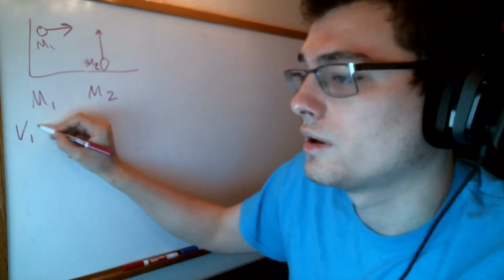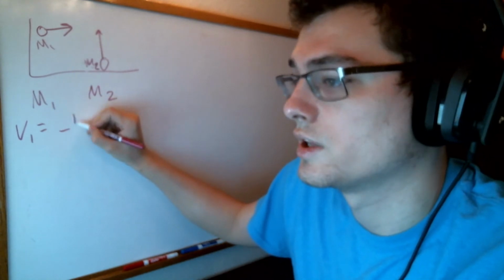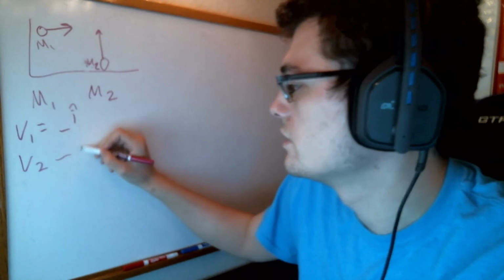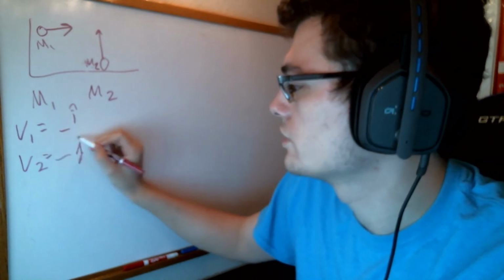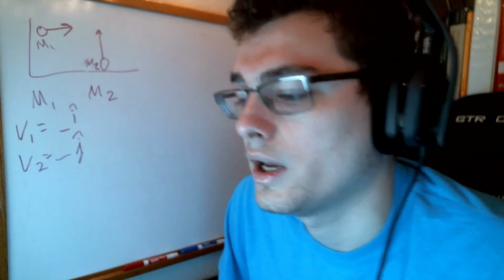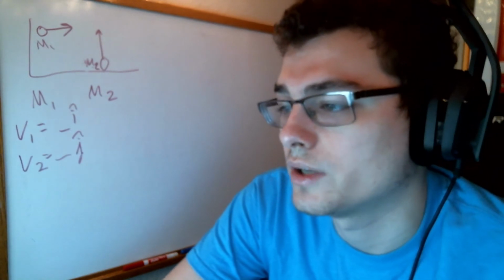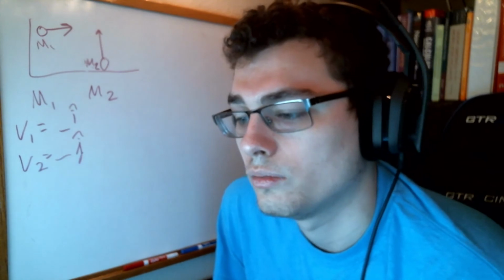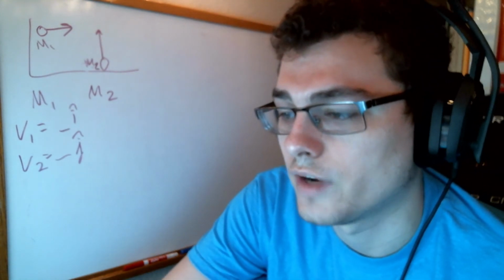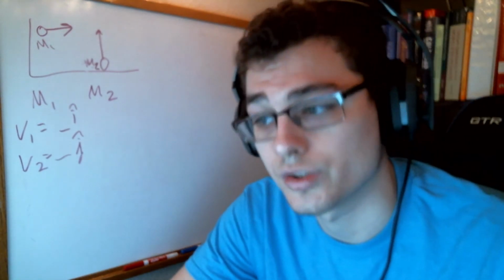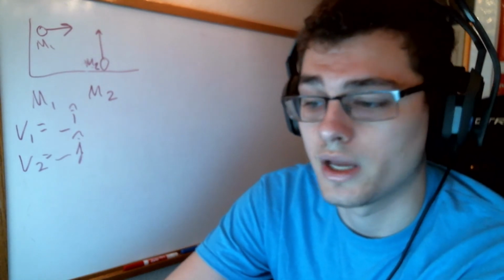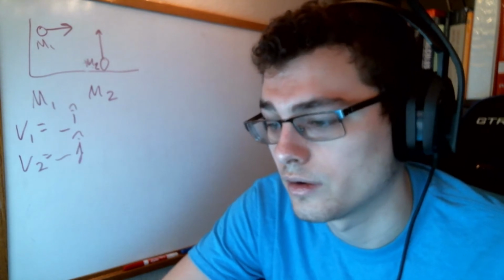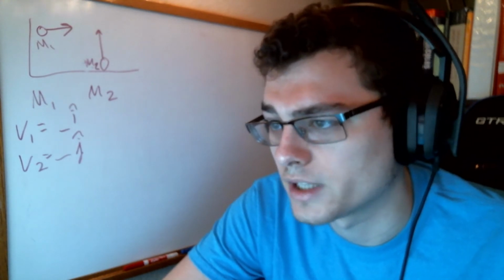V1 has some velocity in the i hat direction, and V2 is in the j hat direction. And so you have to calculate the momentum after they strike each other. So what we can do here is find it in its component form originally, and then we can go ahead and use the Pythagorean theorem, I believe, to put this back together.